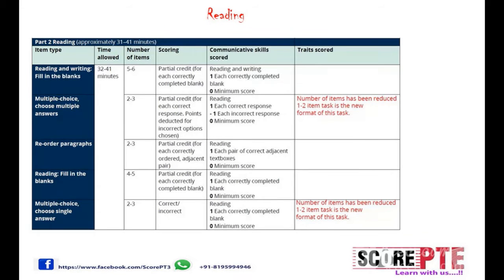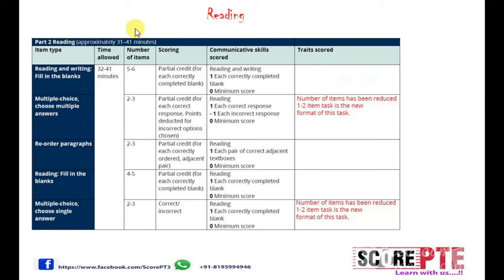Now moving to the scoring criteria for the whole reading. As you are seeing on the screen, this is the old pattern of the score guide, but there have been some changes in total timing.